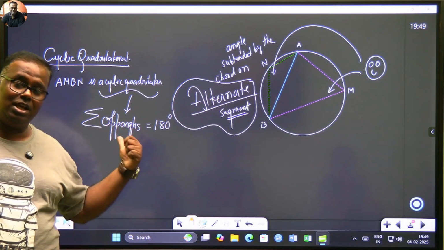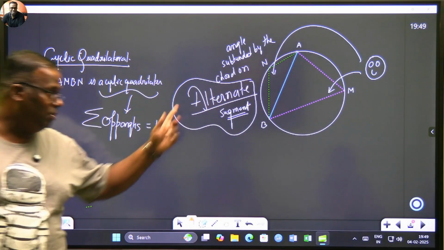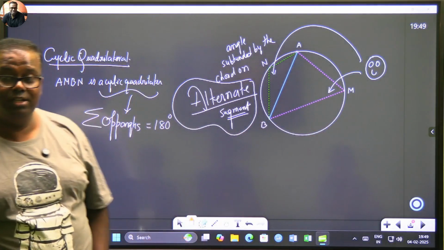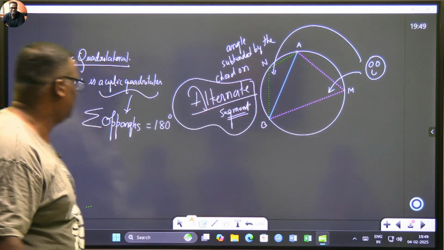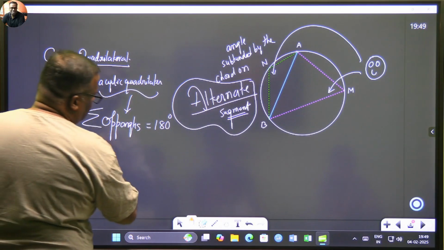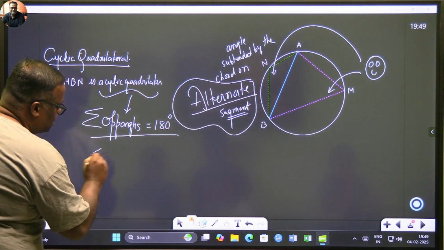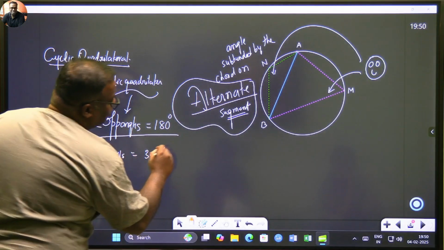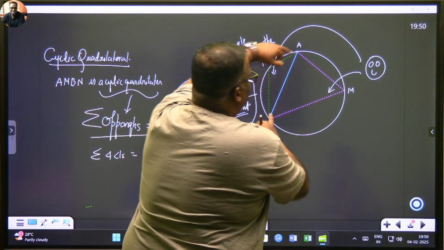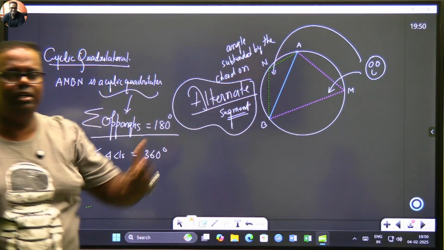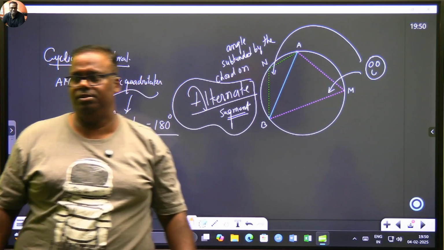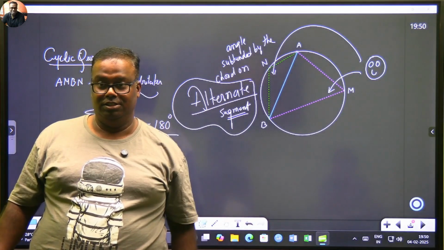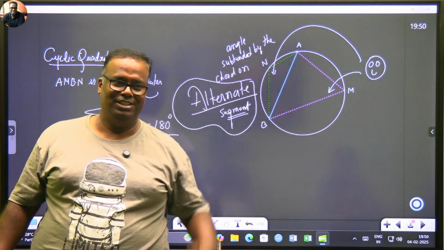But if you are a cyclic quadrilateral, the four will sum to 360, but the opposite angles will be 180 degrees. We will need this also. Opposite angles sum is always 180 degrees, and the sum of the four angles is obviously 360 degrees, and it obeys. If these two are 180 and these two are also 180, adding 180 and 180 gives 360. Clear?